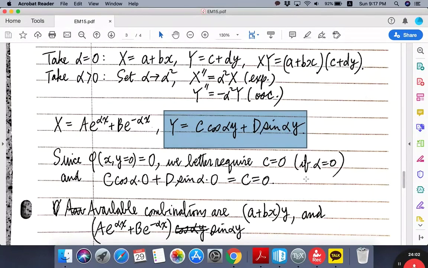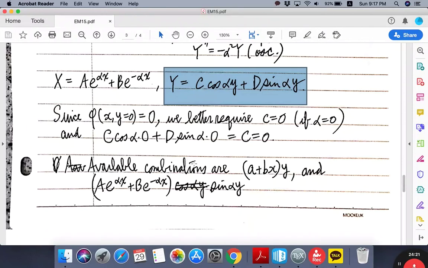Okay. Actually, that's about it regarding the solution of the Laplace equation. We have considered basically all possible situations. But what we have failed to take into account so far is the boundary condition.